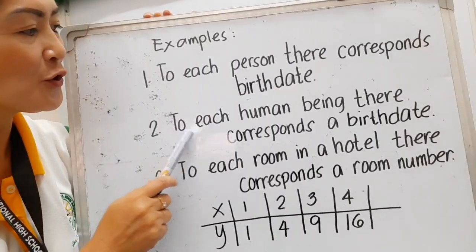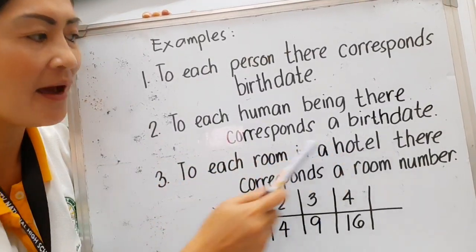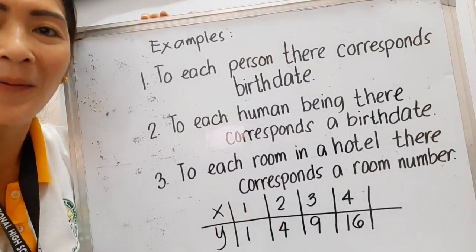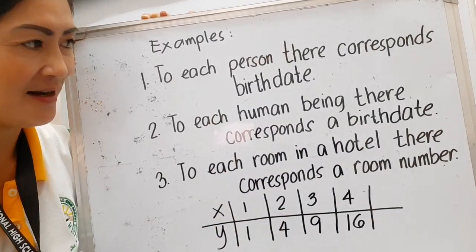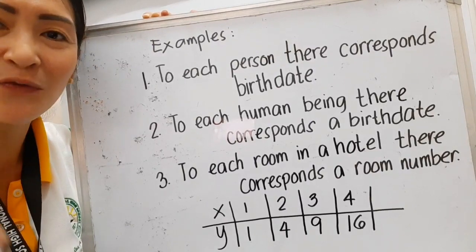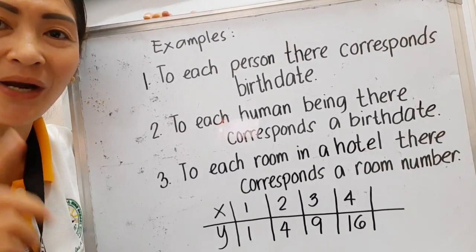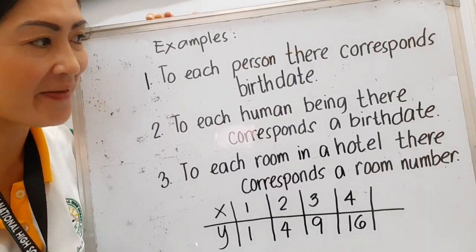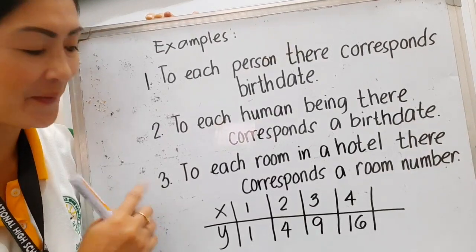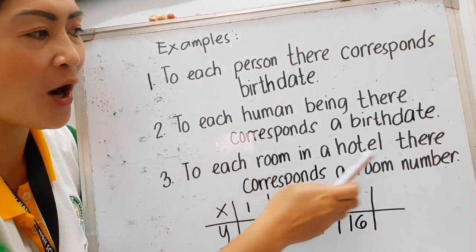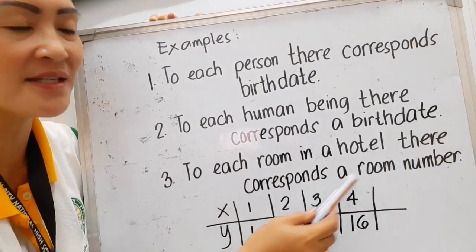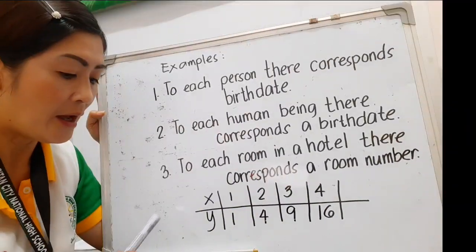For example, to each human being, there corresponds a birth date. Individually, as humans, we each have our own birth date. Number 2, to each room in a hotel, there corresponds a room number.